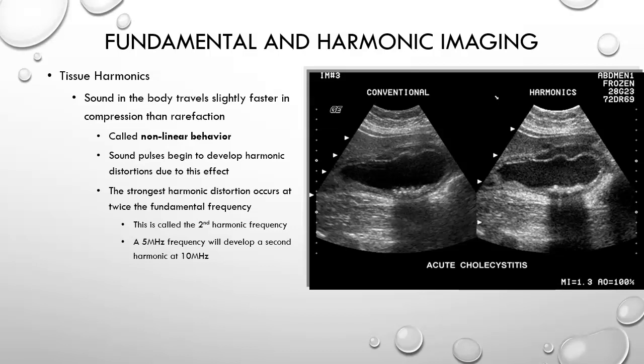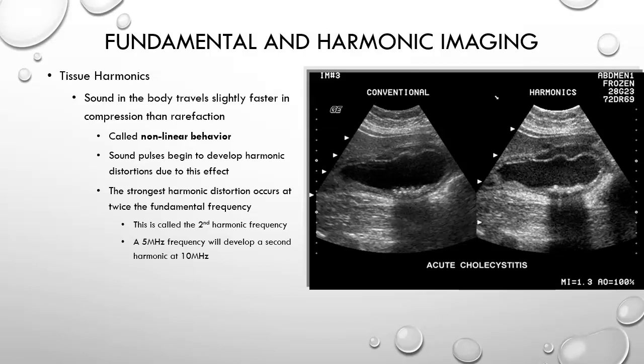And this is a nonlinear behavior that occurs, and what happens is that the sound will then begin to develop harmonic distortions due to this effect. And the strongest distortion that occurs is at the second harmonic frequency. This is a frequency that is twice the fundamental frequency.